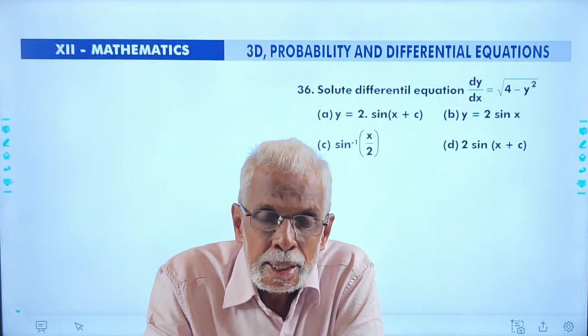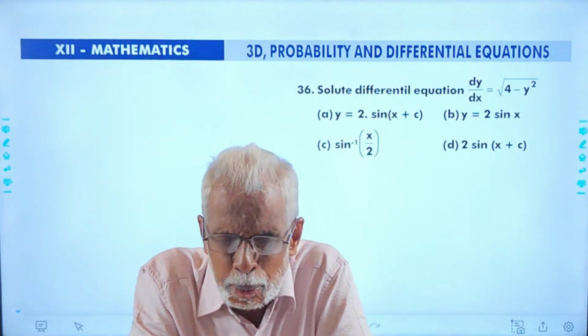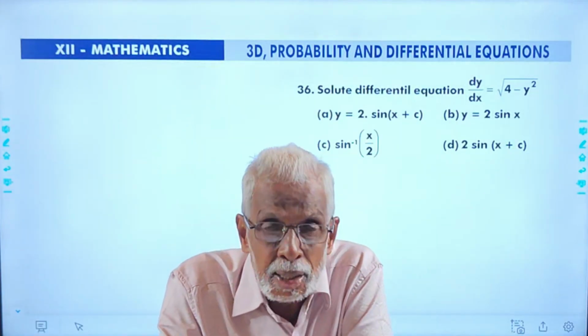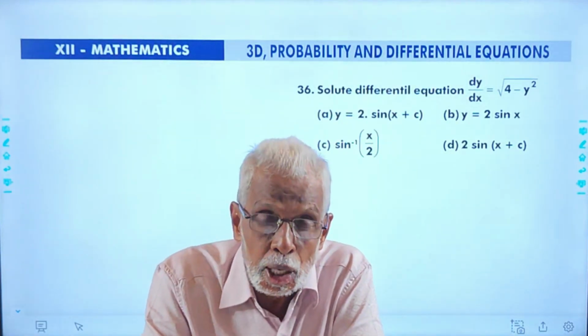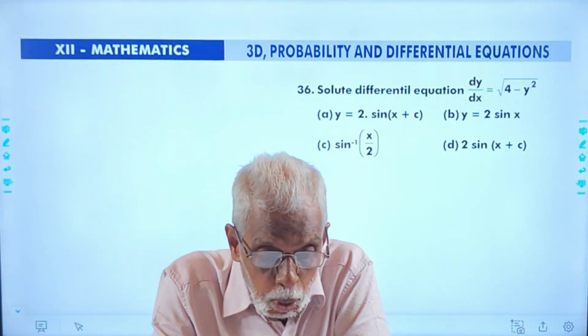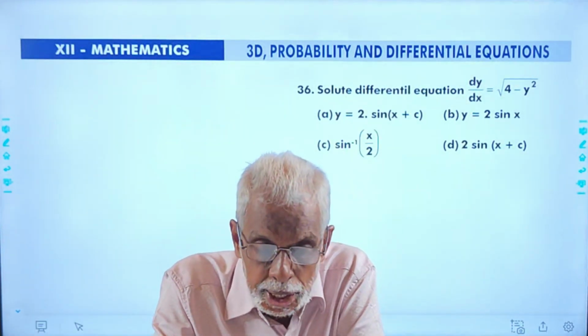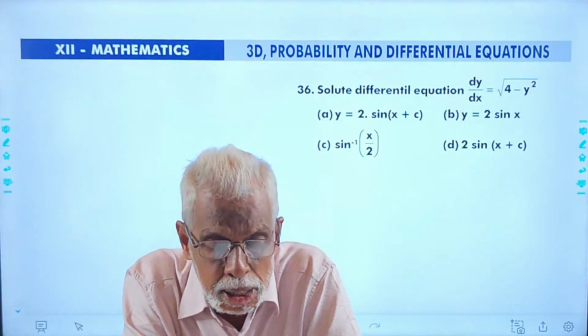You know, integral dx by root of a square minus x square is equal to sin inverse x by a. Therefore, sin inverse y by 2 is equal to integral dx, x plus c, or y by 2 is equal to sin of x plus c. Then y is equal to 2 into sin of x plus c. The correct choice is D.